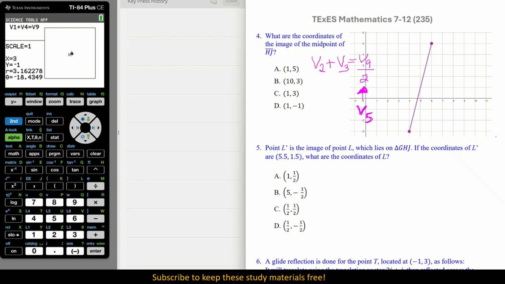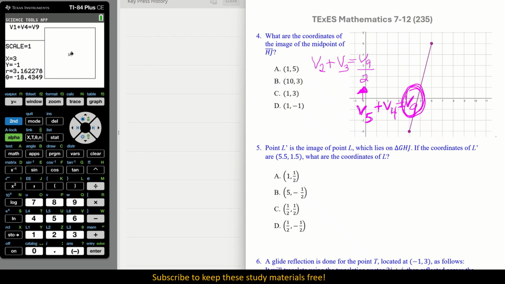Okay. And then we would take V5 and we would add that guy to our translation that we have in V4. Then we will get a new V9. And whatever that is, I bet that's going to be what we need. But let's give this all a try and see what happens, okay?